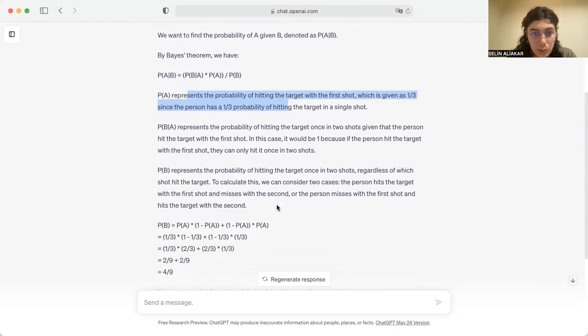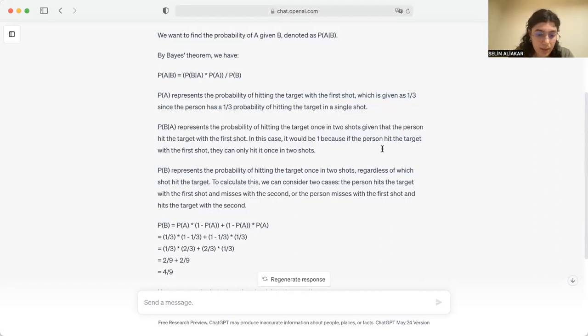But in this solution, it says the probability of hitting the target once in 2 shots, given that the person hit the target with the first shot, would be 1, because if the person hits the target with the first shot, they can only hit it once in 2 shots. That's not true. So it should not be 1, it should be 2/9.